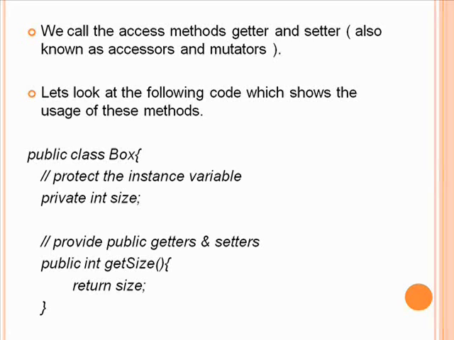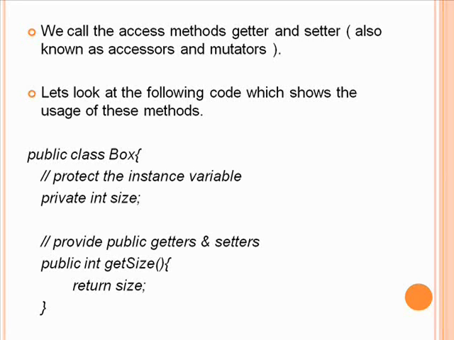Look at the following code. In the box class, there is a private variable called size. So to use this variable, we need public getters and setters. Therefore, they have provided two methods called getSize and setSize.